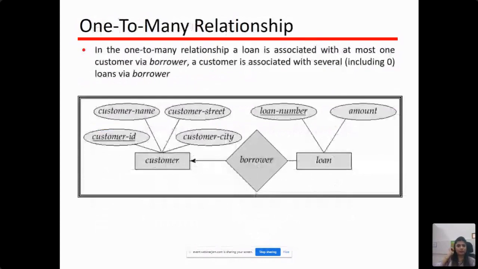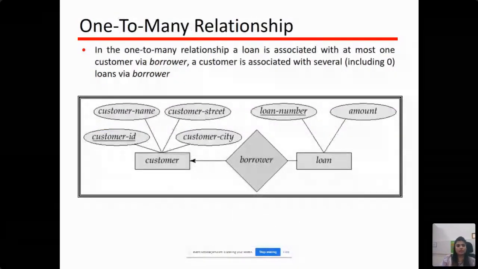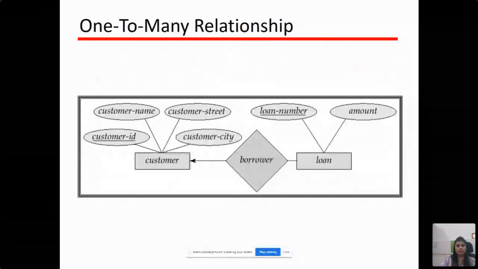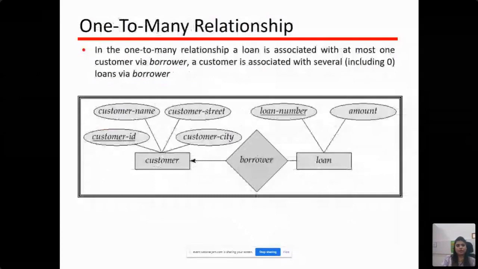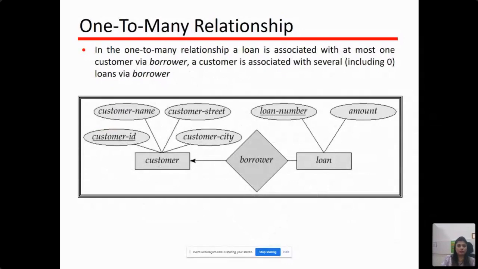In one-to-many relationship, if you see here, at the loan side, you will see one. So it is a one-to-many relationship with at the most one customer via borrower. That means only one customer can have that loan.